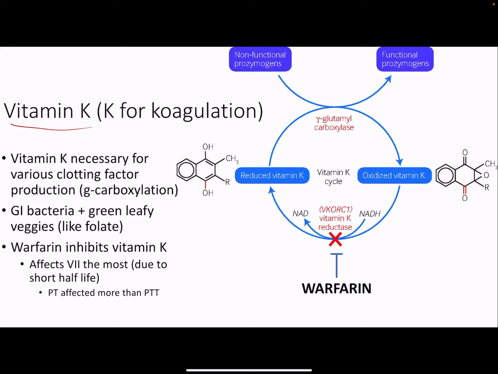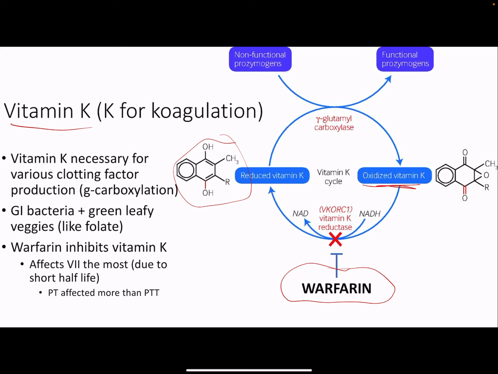So here's our reduced vitamin K. It will then be oxidized, and it needs to be regenerated by epoxide reductase, and warfarin inhibits that. So long story short, warfarin is going to inhibit vitamin K regeneration, which means that our coagulation factors and some of our inhibitors will not be able to function necessarily normally.